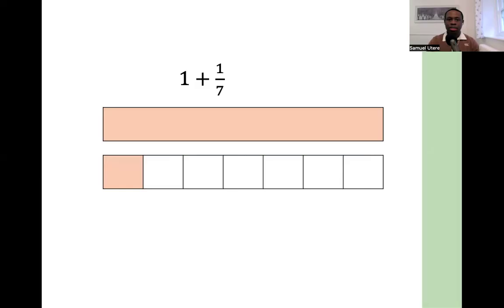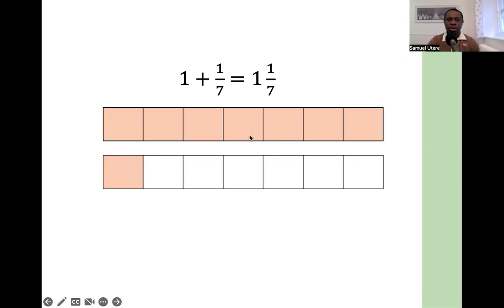Now, in that case, this means having a whole plus 1/7. Now, a whole plus 1/7, you can clearly see that that will be 1 1/7. And then you can see, if we want to write it as an improper fraction, we can simply say 7 times 1 is 7, plus 1 is 8, or 8/7.